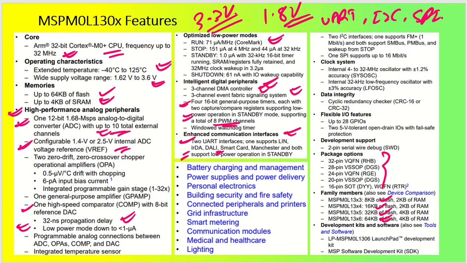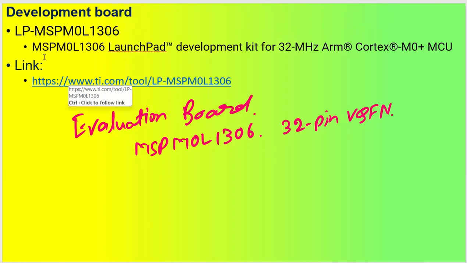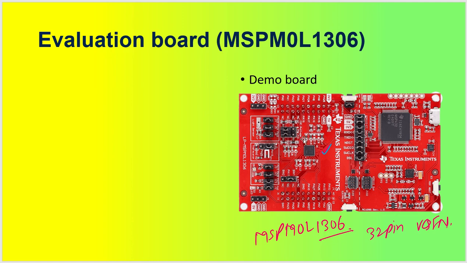Okay, so let us move to the next one. We have already seen the development board is there. The LaunchPad MSPM0L1306 development kit is there for the 32-bit 32 megahertz ARM Cortex M0 MCU, and the link is given here. So I'll post the link in the description box. Now, if you see, the evaluation board will look something like this.